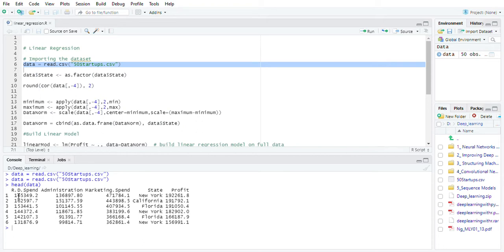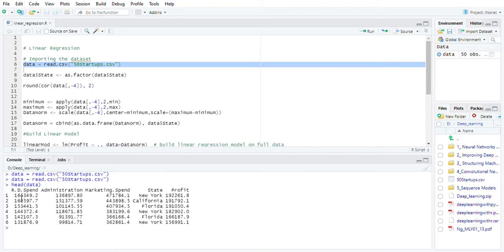50 startup companies. There are 5 attributes here: research and development, administration, marketing, state, and profit.